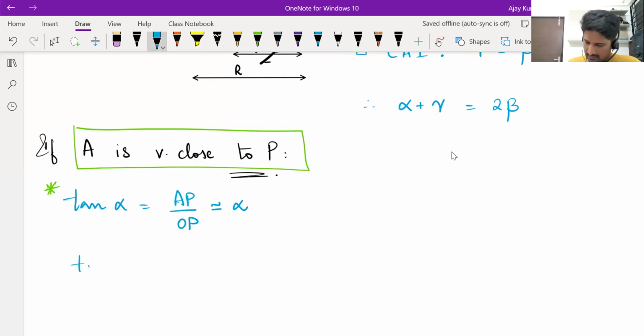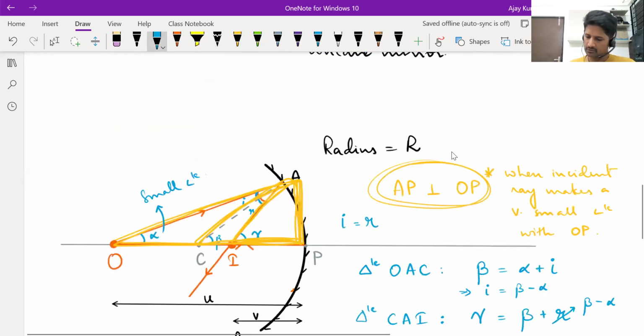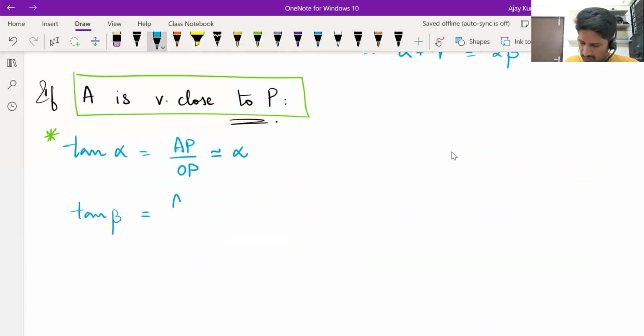Next, tan beta. Beta belongs to the triangle CAP, and tan beta is the opposite side AP divided by the adjacent side CP. Beta will also be a small angle, so this is approximately equal to the angle beta itself.